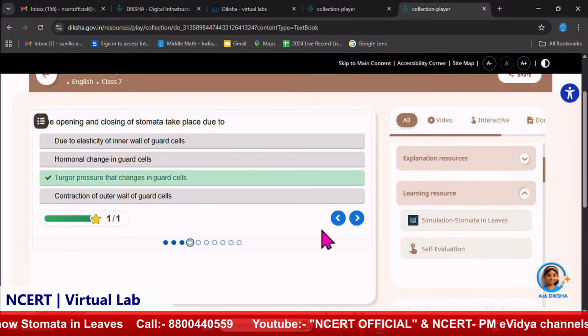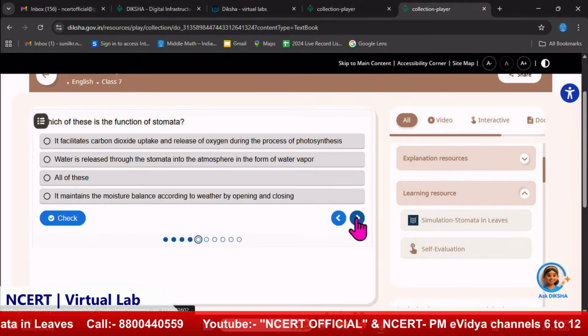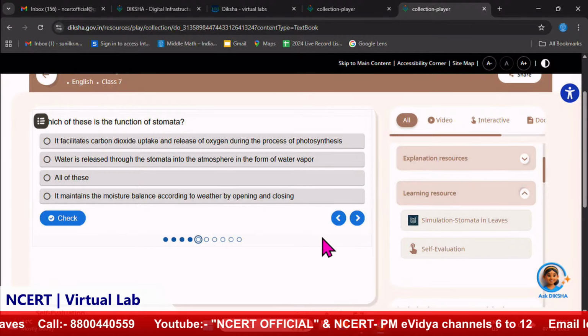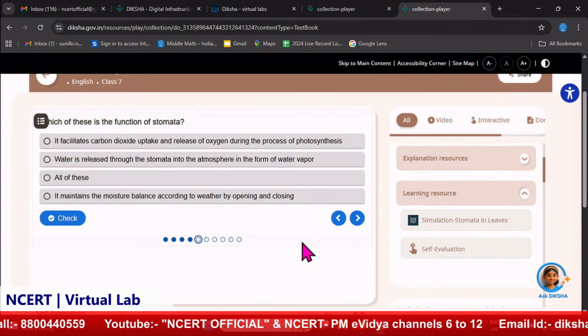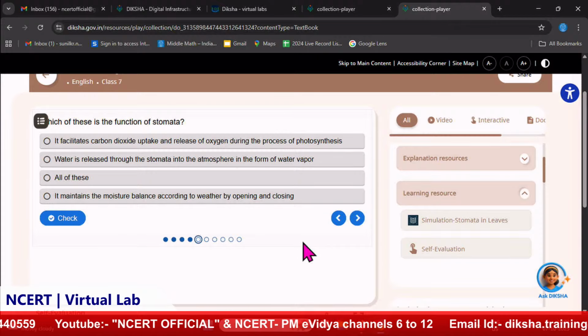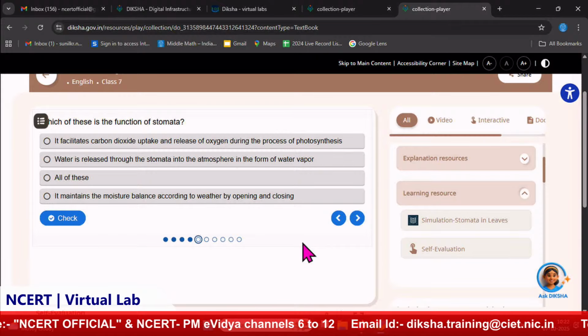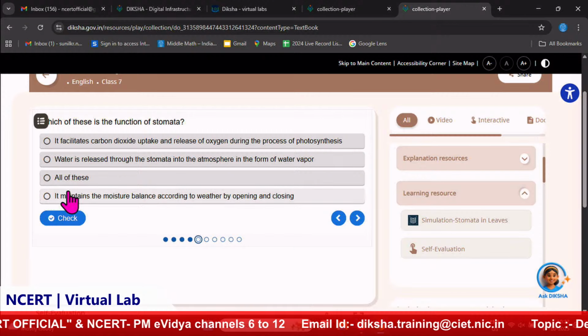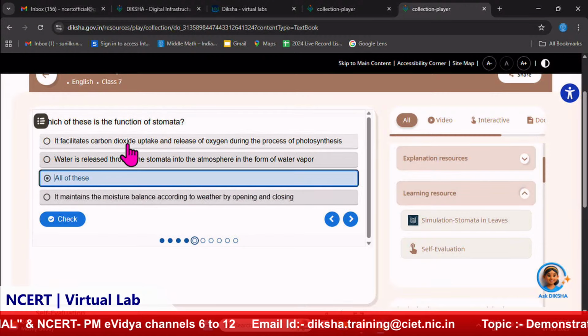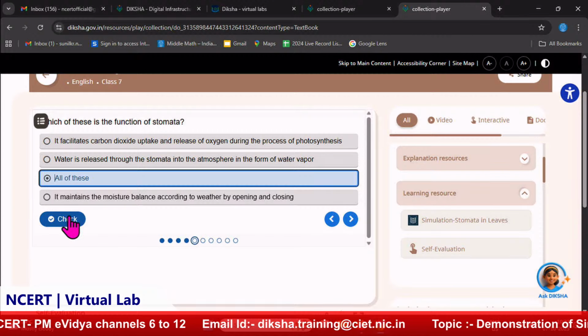Check. Now, which of these is the function of stomata? It facilitates carbon dioxide uptake, water is released through the stomata, and it maintains the moisture balance. So basically, stomata perform all of these functions.